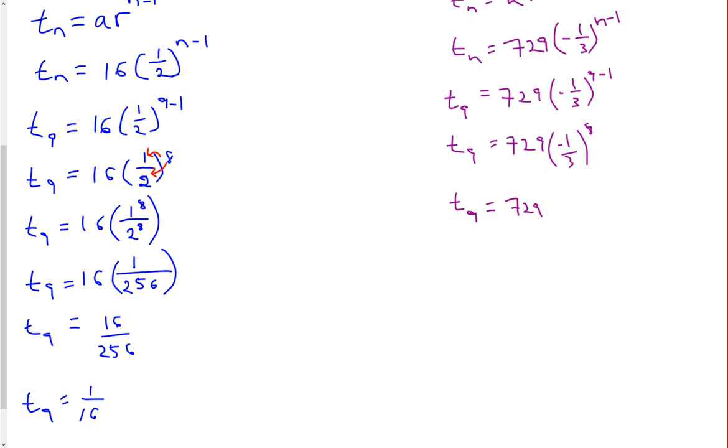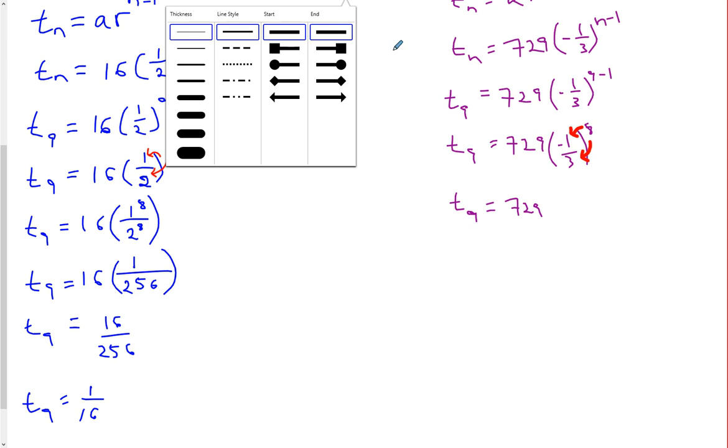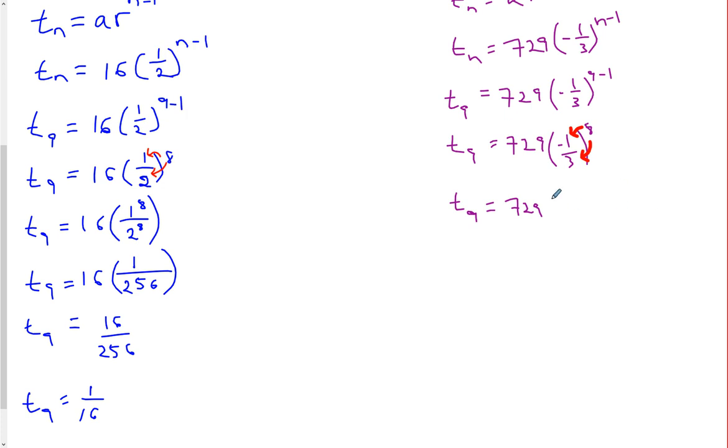And now I've got to take that fraction and apply that exponent to the top and the bottom. So on the top of that fraction, I'm going to have negative 1 to the power 8. And on the bottom of that fraction, I'm going to have 3 to the power 8.